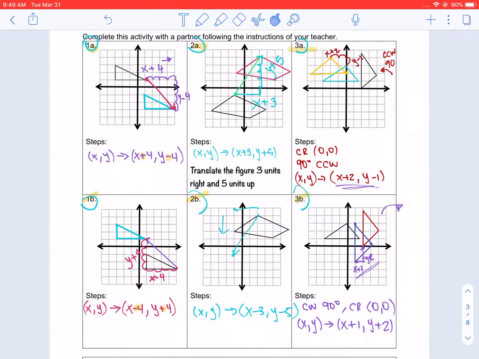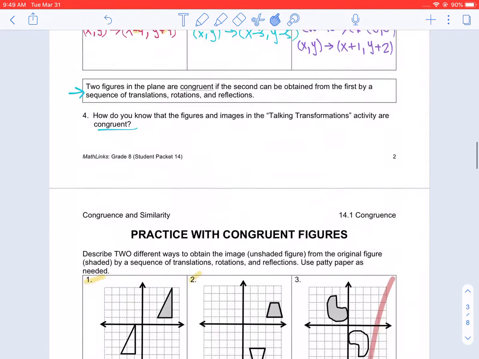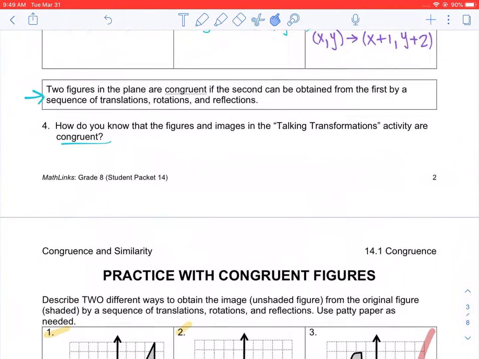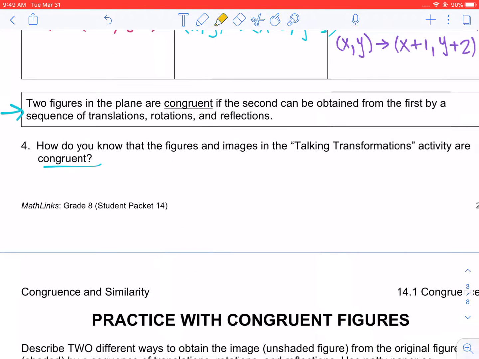So notice that we're not doing only one transformation. You need to show that you're mastering all transformations at the same time. Nothing different in this case. We didn't have any reflections, but we had a lot of translations and one rotation. Let's go now to the bottom section and read what it says in here. Two figures in the plane are congruent if the second can be obtained from the first by a sequence of translations, rotations, and reflections.